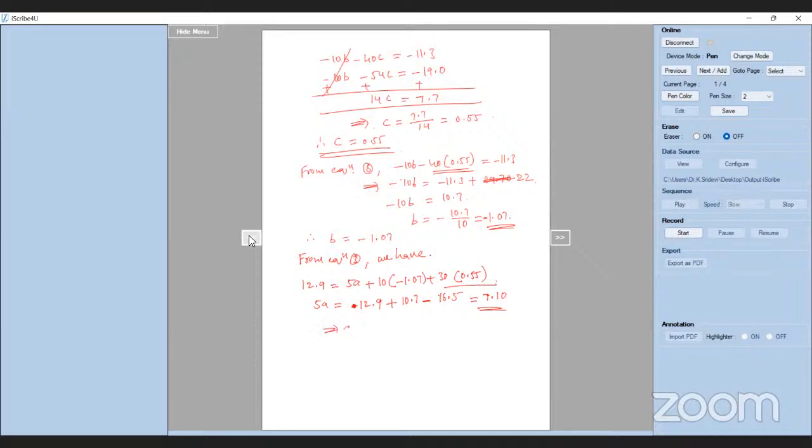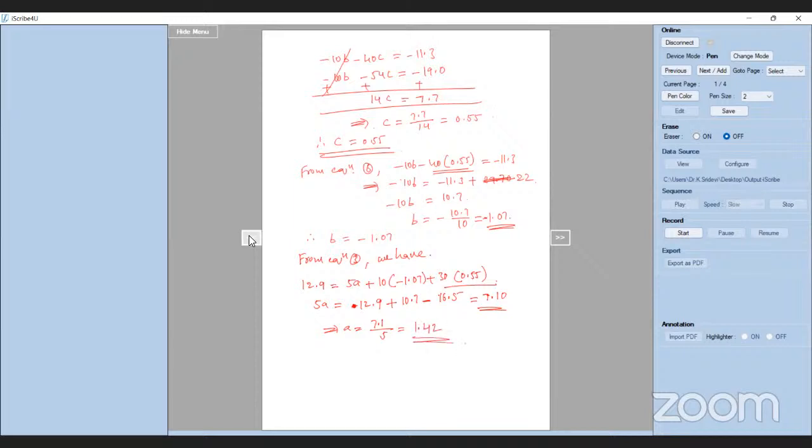So what is the A value? 7.1 by 5. 10.7 minus 16.5 is equal to 7.1. 7.1 divided by 5 is equal to, what is this? 1.42.